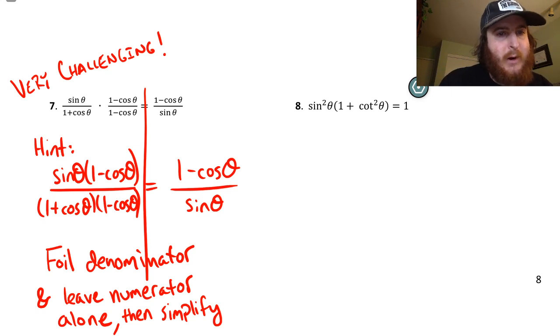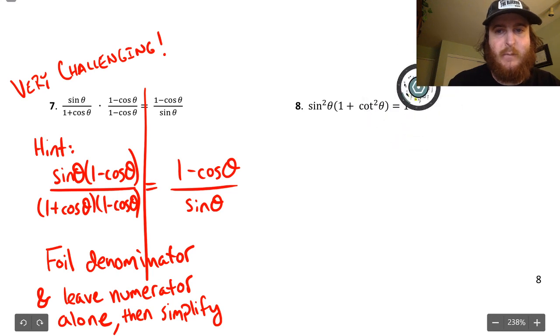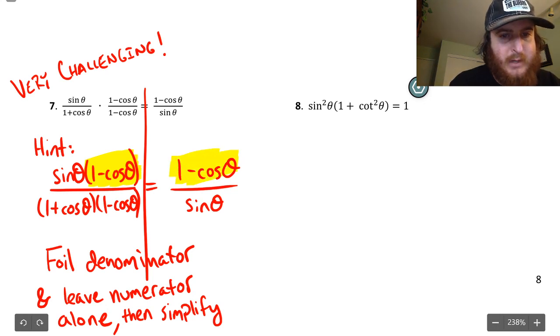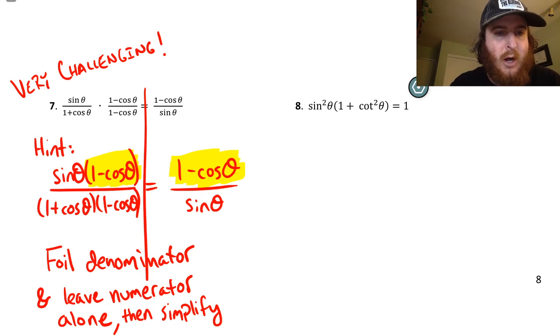And the reason I want to FOIL out the denominator is I'm trying to get my left side to look like my right side. Well, if we look at my left side, I see this 1 minus cosine theta in the numerator, and on the right side, it's in the numerator. So we actually don't want to do anything to change it. It's already good. That's what I want. So what we need to do is get rid of everything else in the numerator and make the denominator become sine theta.